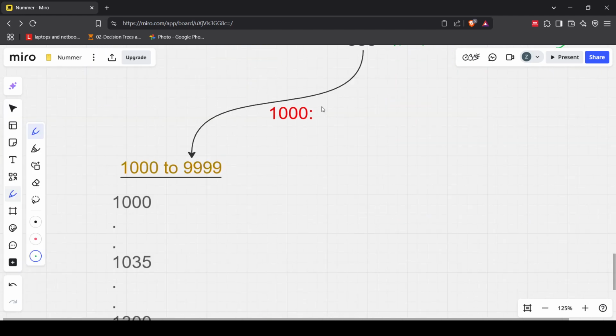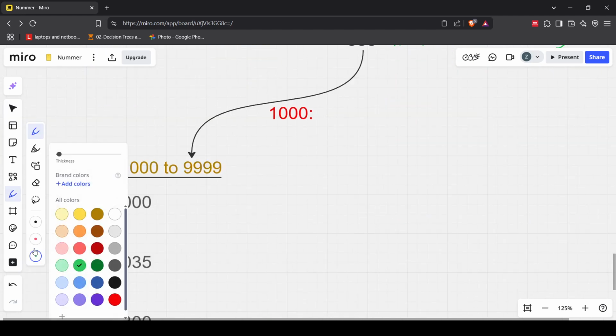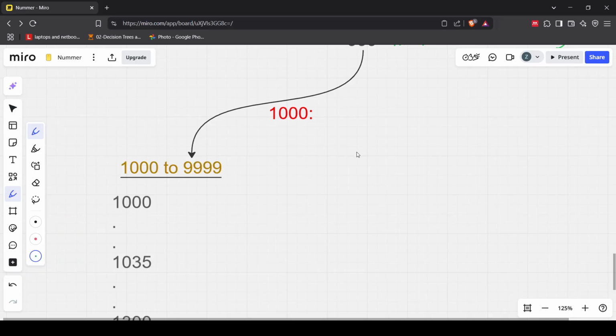For the next numbers, you should know the German word for thousand, which is thousand itself with a different spelling. This is the word for thousand in German.